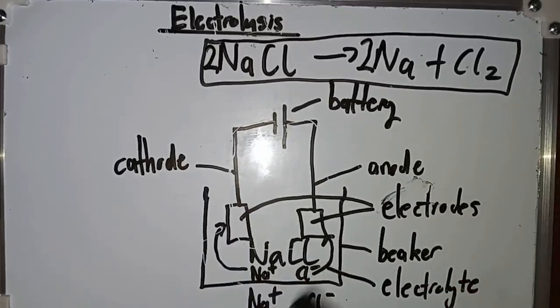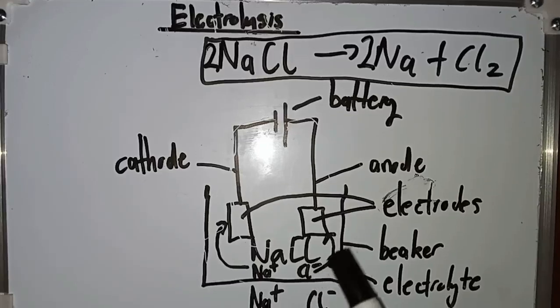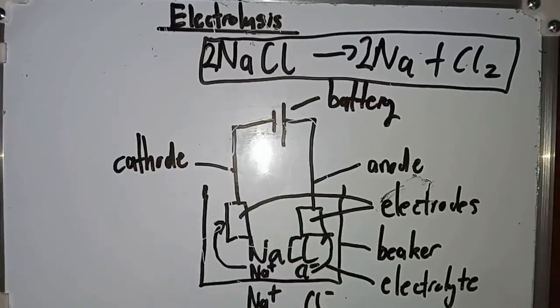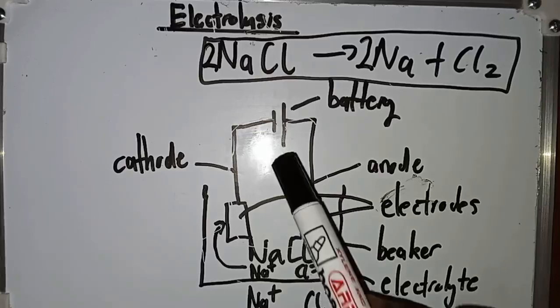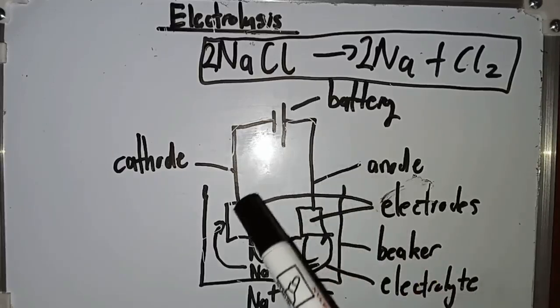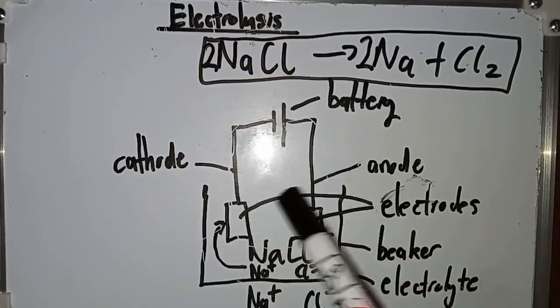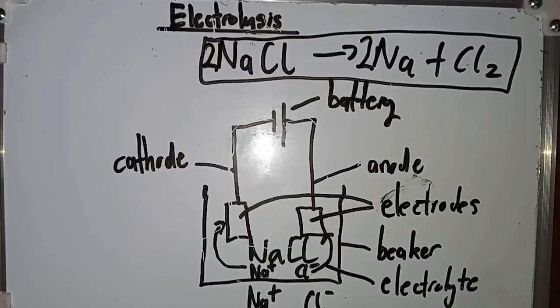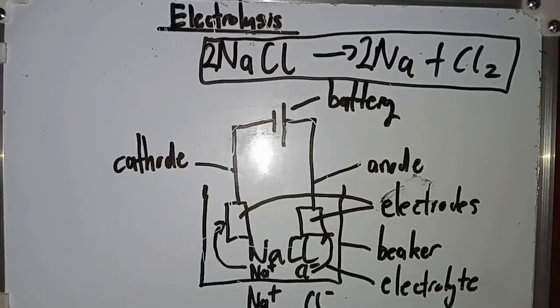As you can see, Cl minus is negative, so it goes to the positive electrode, and Na plus goes to the negative electrode. We're going to do electrolysis for molten compounds, aqueous compounds, dilute compounds, and concentrated compounds, and see what the equations look like.